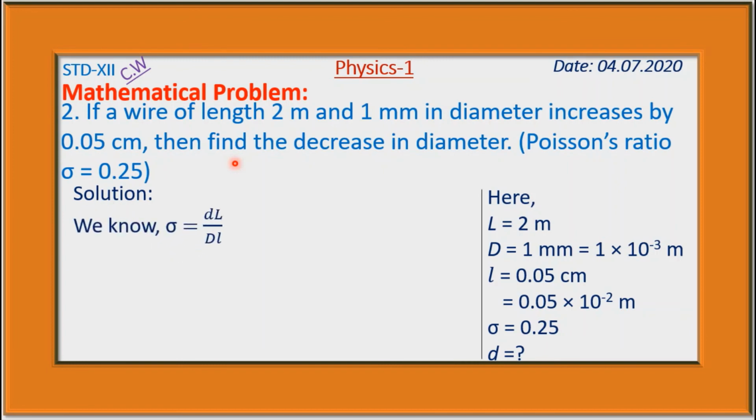And we know sigma is equal to del d l divided by capital D L. Here del d is the decrease in diameter, L is the initial length, D is the initial diameter, and small l is the increase in length, the change in length.